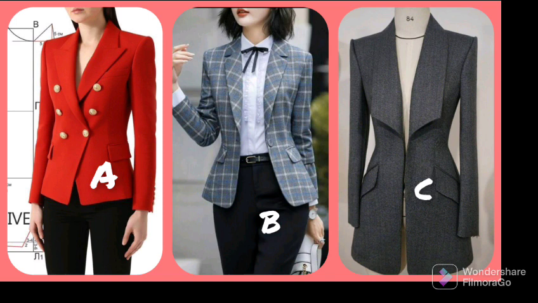But the difference with the shawl is that the shawl does not have a notch, while the basic collar jacket has a notch. For the double-breasted, the extension is usually 2 inches to 2 1/4 inches. That's what we use for the extension.